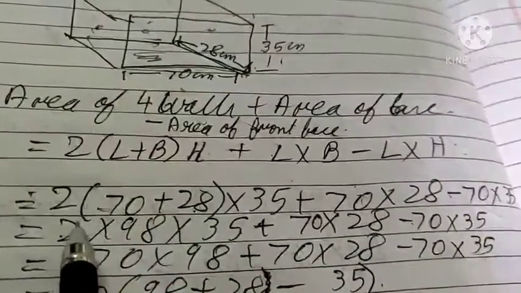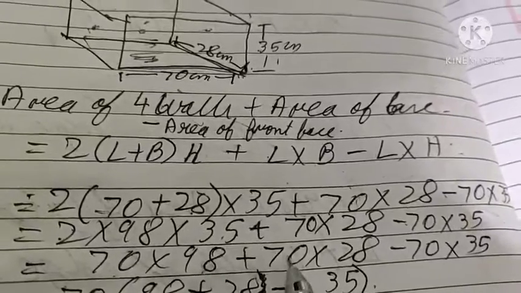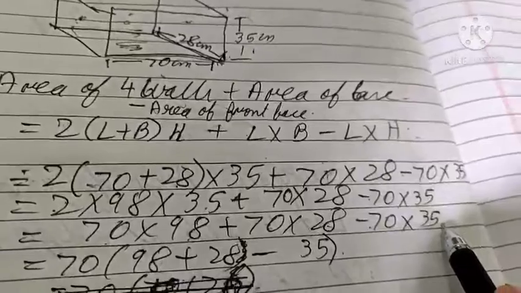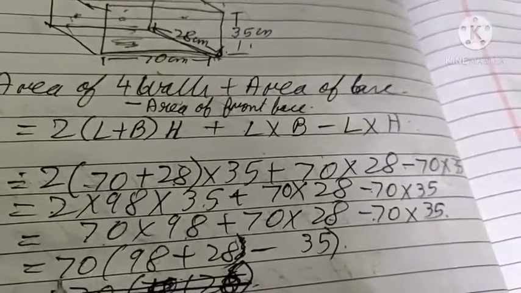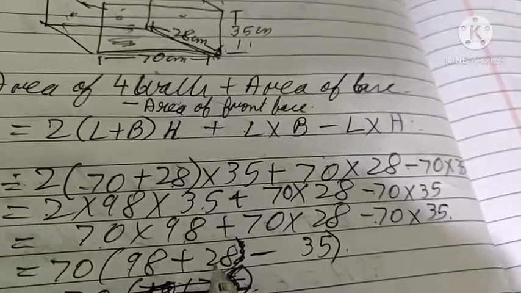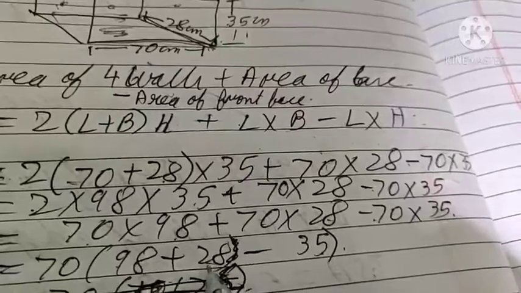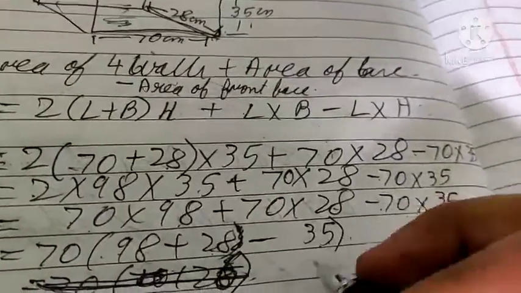So solving it, 2 into 35 is 70, and into 98, plus 70 into 28, minus 70 into 35. We took 70 common out of it, and we are left with 98 plus 28 minus 35. So 28 minus 35 is minus 7, and 98 minus 7 is 91.